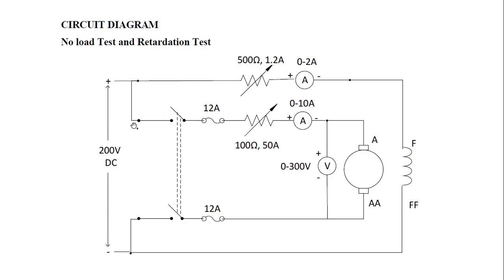That is, we should have a 200 volt DC supply, and in our lab it is readily available. But usually in systems and control laboratory, actually we are doing this experiment in machines lab, but usually in systems and control laboratory we will have a thyristor rectifier.